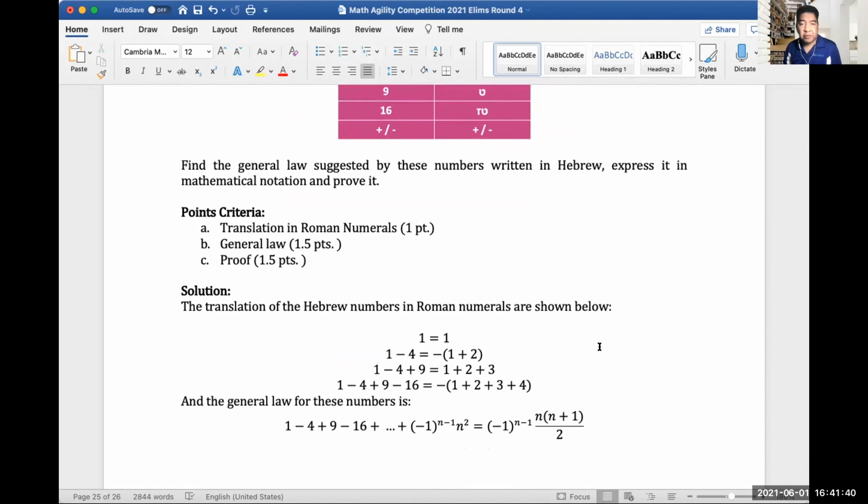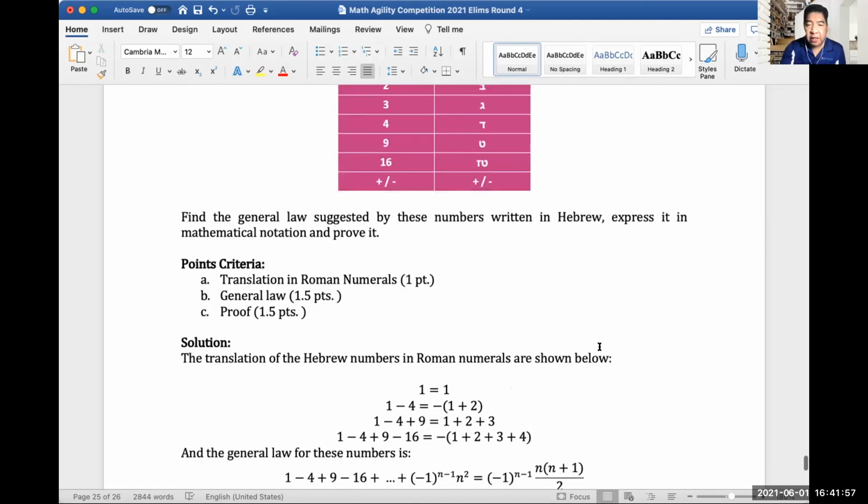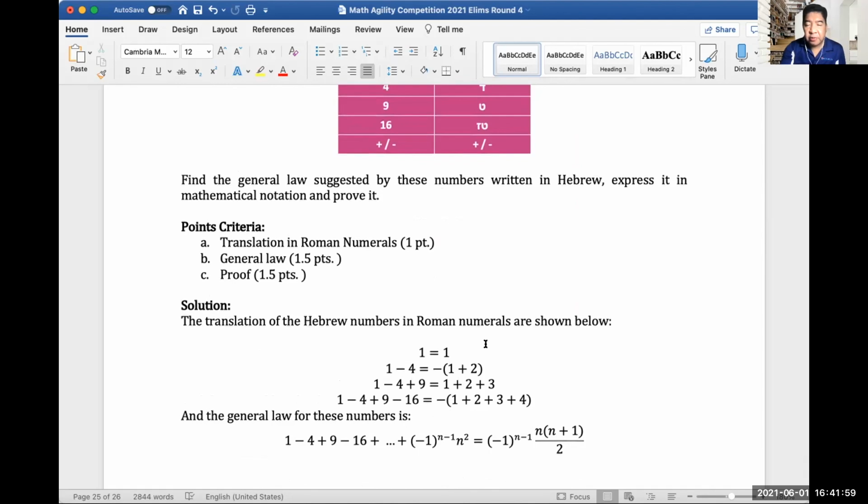You will be able to do that easily because we have given the translation, and then answer the general law in this mathematical notation and then prove it. Of course, by merely looking at the table, you would be easily able to translate it.